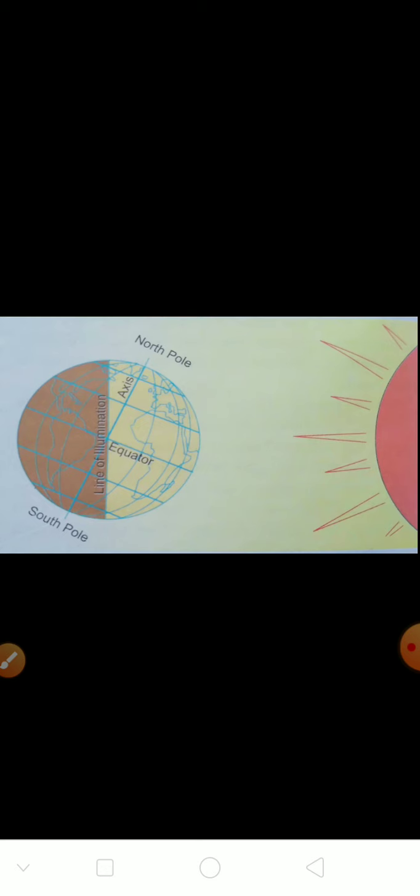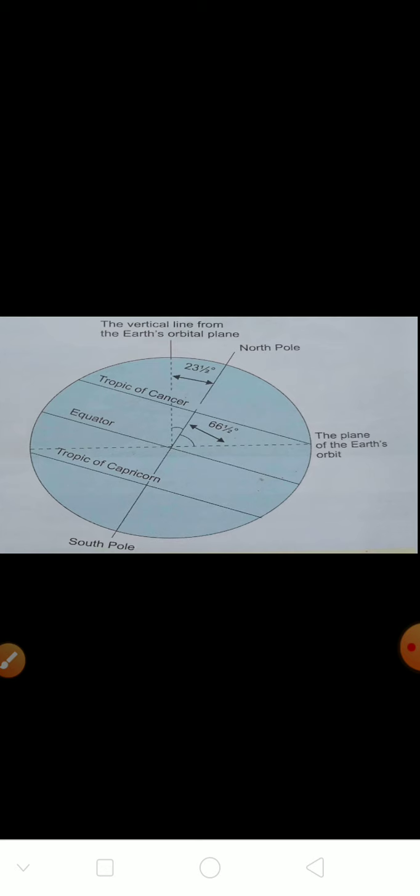If the axis was perpendicular to the plane of the earth, all parts of the globe would have experienced equal lengths of day and night through the year.